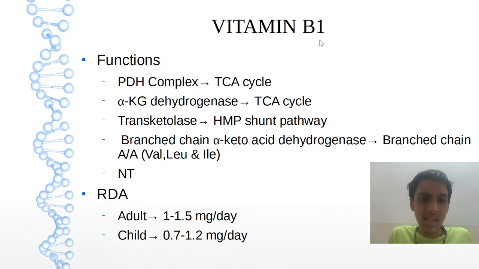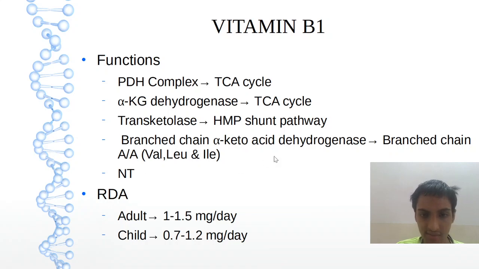Now the functions, coenzyme. Main role is the coenzyme only, TPP, which we can see in carbohydrates, in amino acids and in heme synthesis. The first step of heme synthesis, even there TPP is involved.